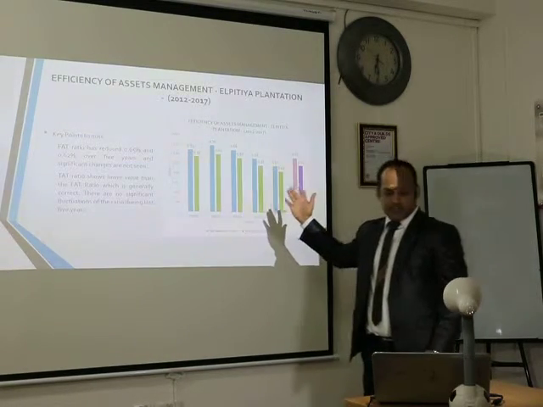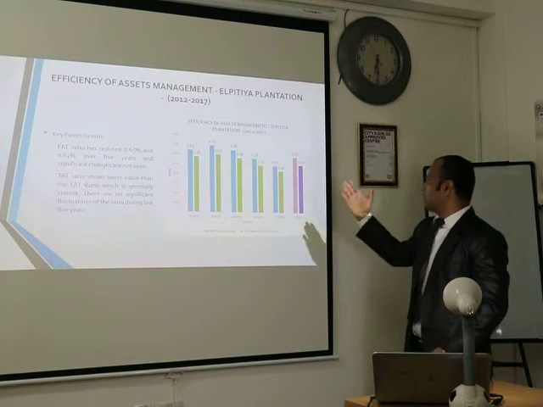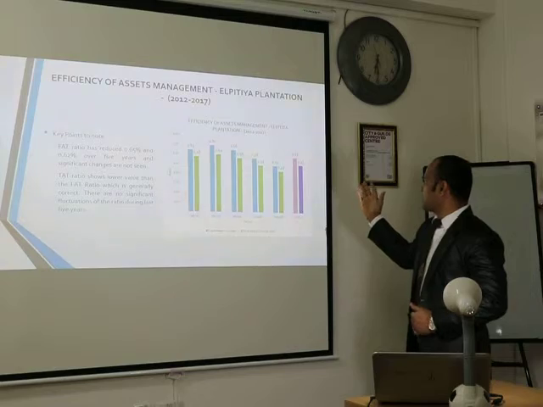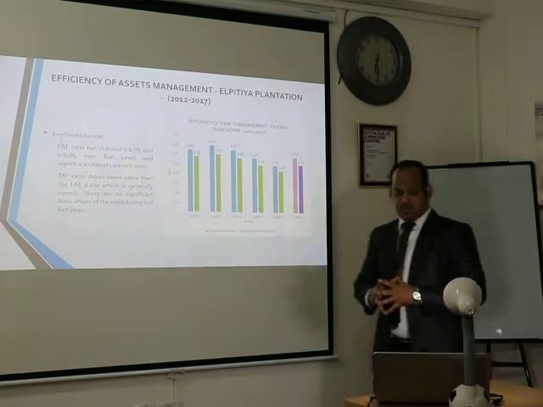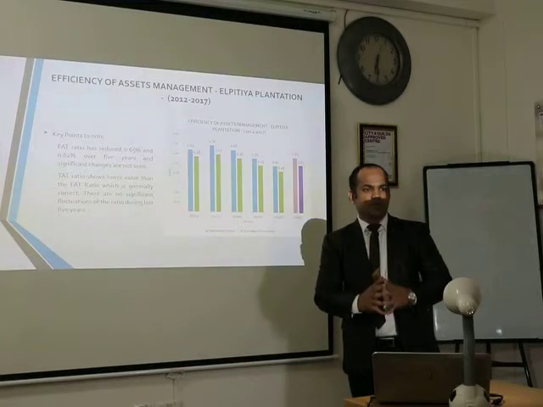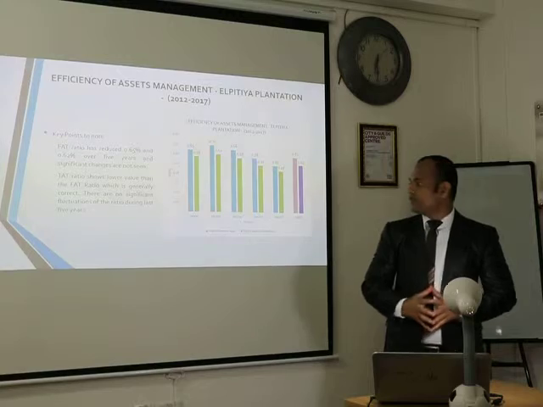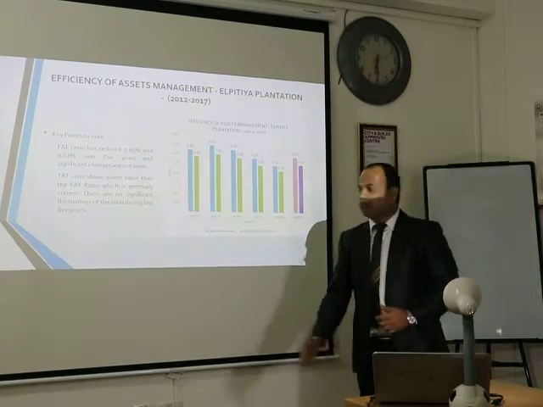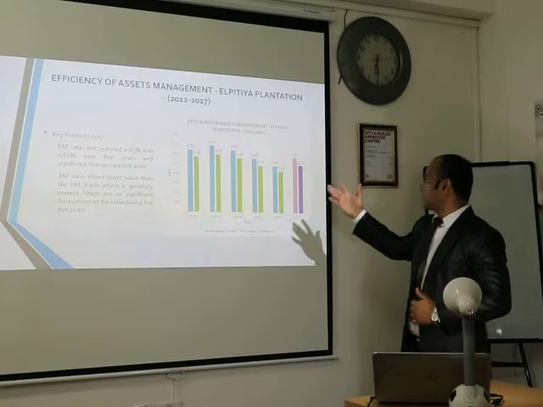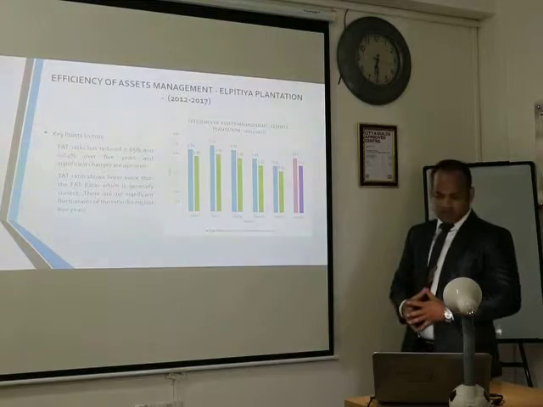Both ratios have been shown in the graph, and both have positive figures, which shows the company was able to utilize its assets in terms of generating profits. We don't see any major fluctuation in those ratios.